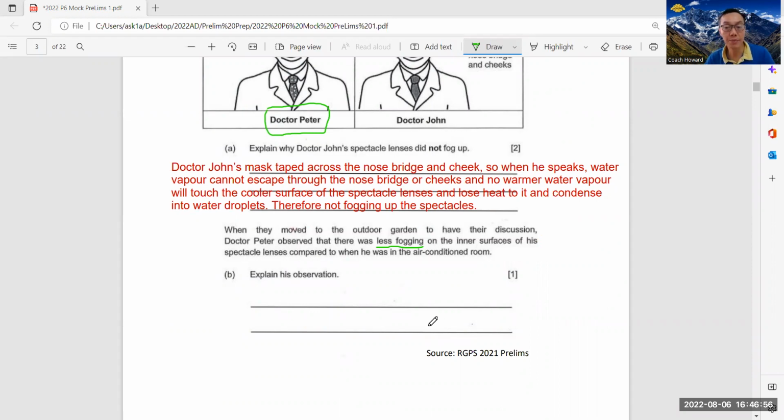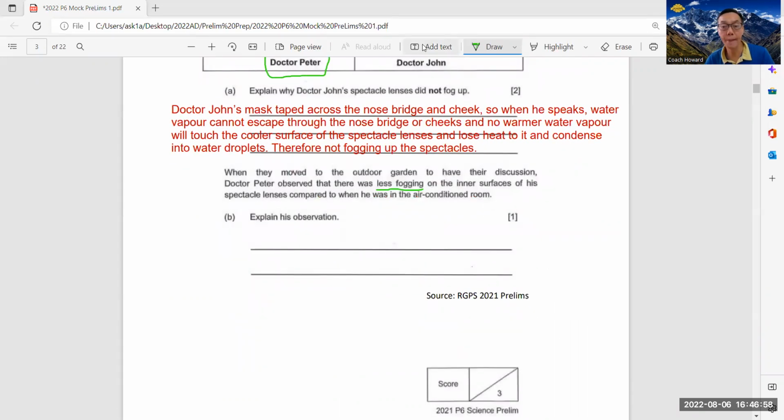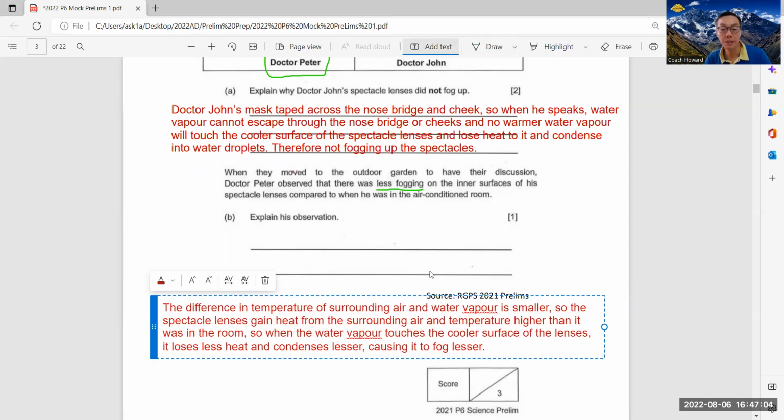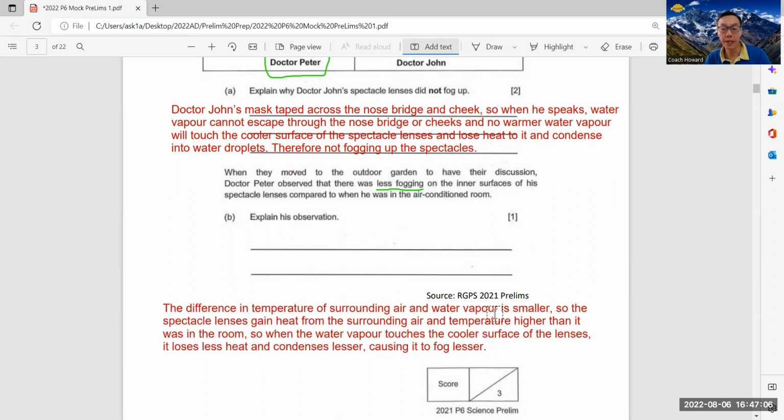Let me put it here, easy to see. The temperature difference of the surrounding air and water vapor is smaller, so the spectacle lens gains heat from the surrounding and is at a temperature higher than it was in the room. When the water vapor touches the cooler surface of the lens, it loses less heat. Let me simplify a little.